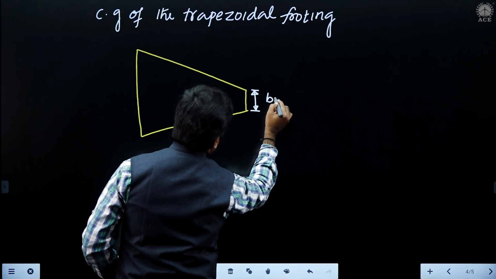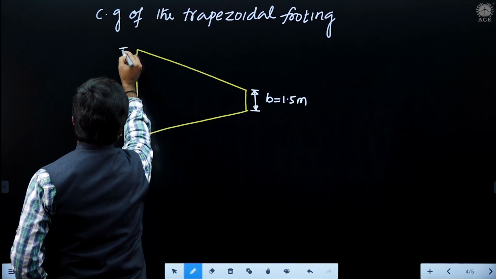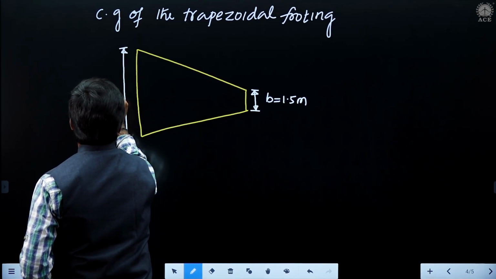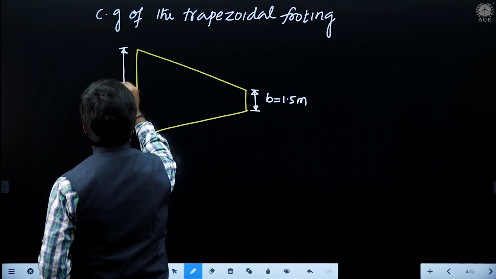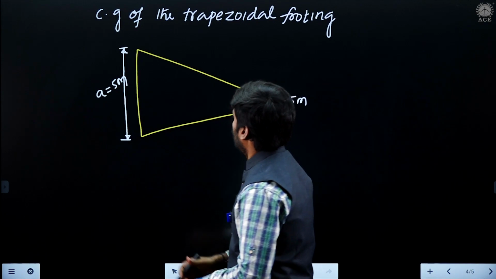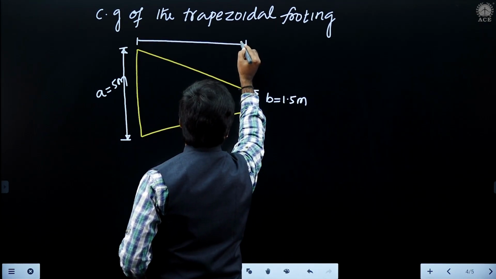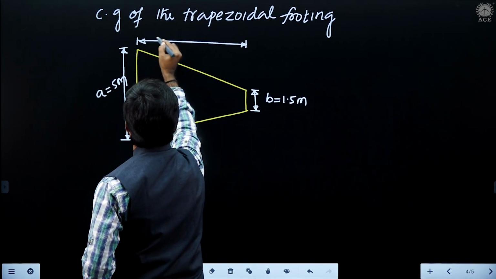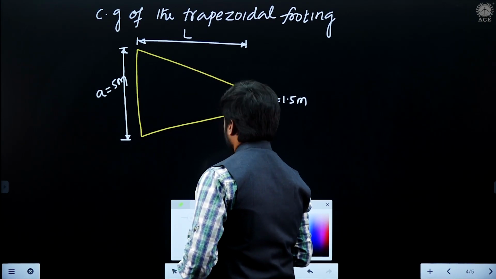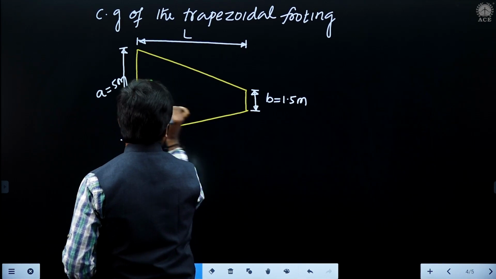I can say it is B equal to 1.5 meters, and here it is A, A equal to 5 meters. Clear? Now it is the L, from here to here it is L. The columns will be there in the footing, like this.